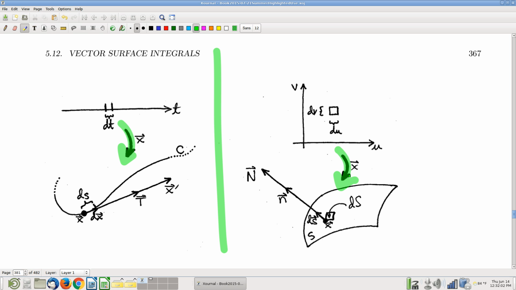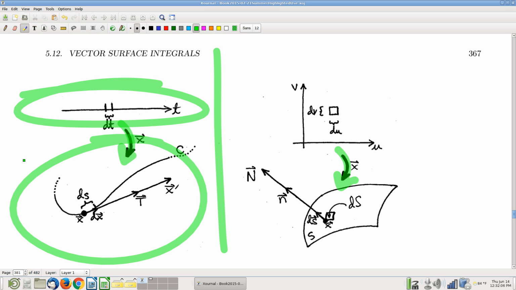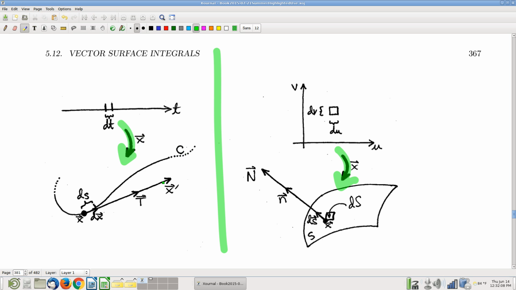So here we are. But these are just parameterizations, domain, target, the usual way. Okay. All right. So we have these two parameterizations. In each case, here we're moving along a curve, parameterizing a curve. Here we're parameterizing a surface.